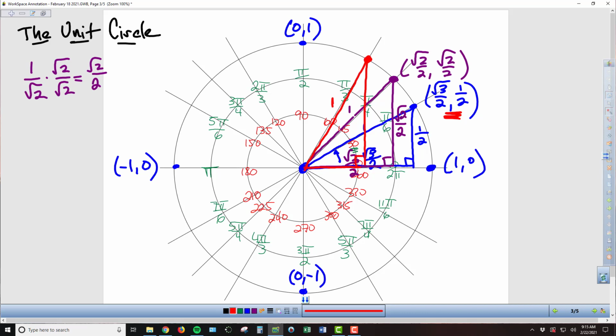So all that means is that we're just going to have to flip the two coordinates because the two side lengths have flipped as well. So instead of the coordinates being √3/2, 1/2, we've got an x coordinate of 1/2 and a y coordinate of √3/2. Now we're not going to have to repeat this exact same thing all the way throughout the entire unit circle, because at this point we've got enough to be able to fill in the rest of the coordinates.